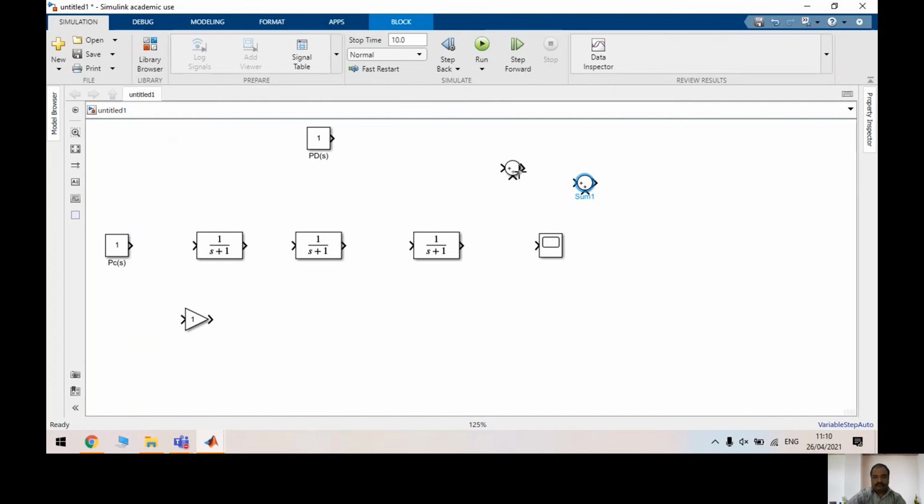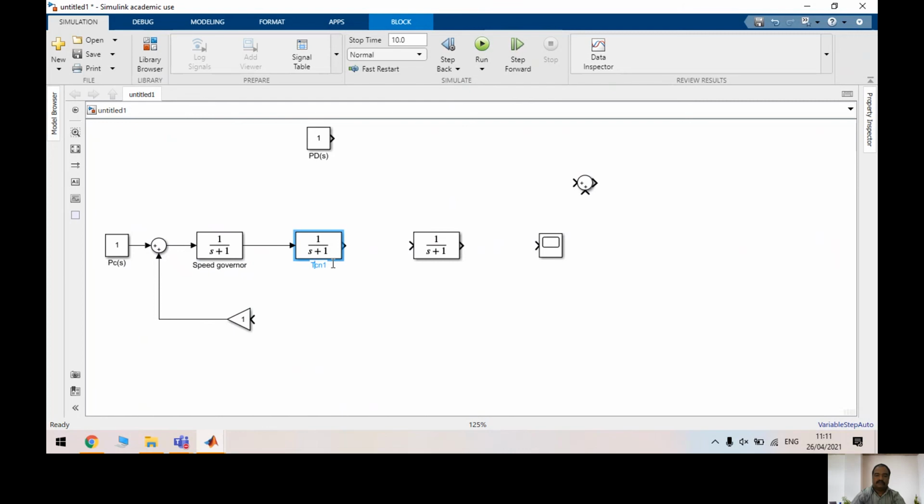Now, what is this one? This is the speed governor transfer function, isn't it? What is this one?